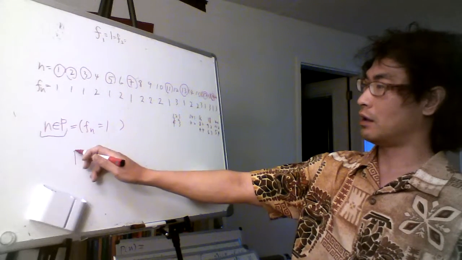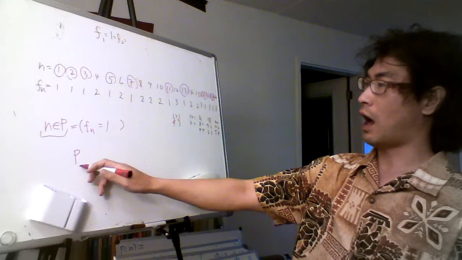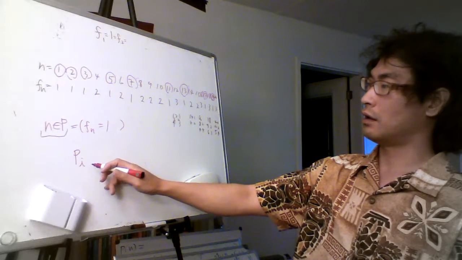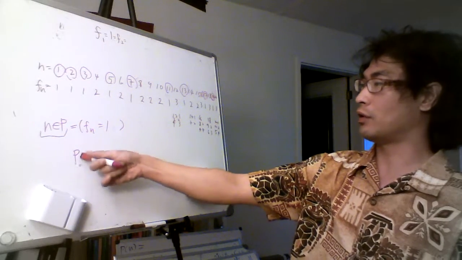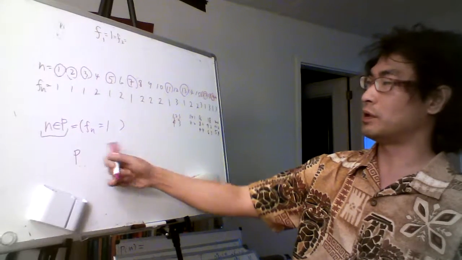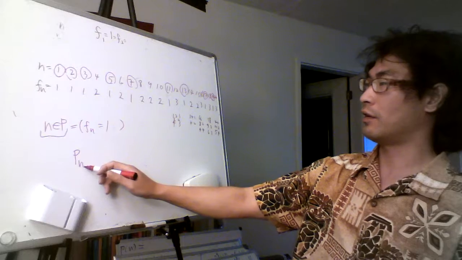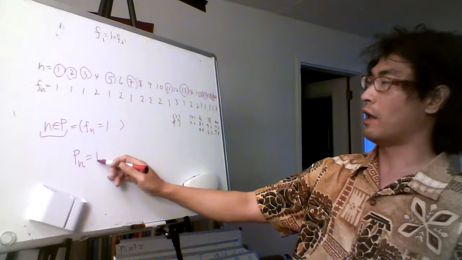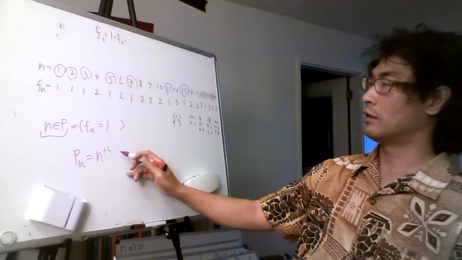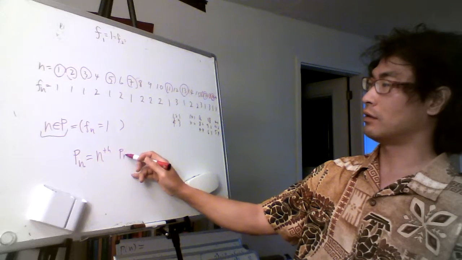P, I. Well, it looks like pi. It's just p_n is the nth prime number, by definition.